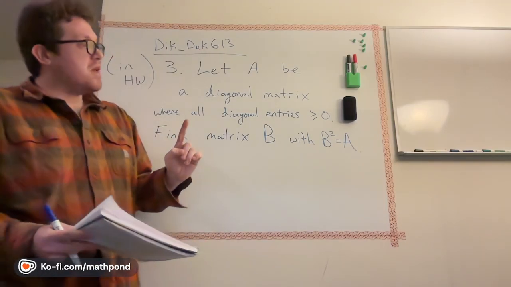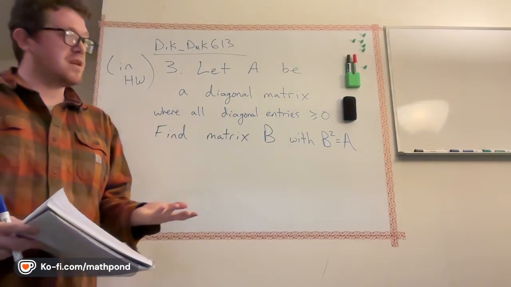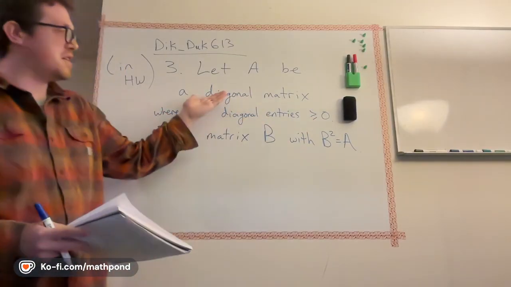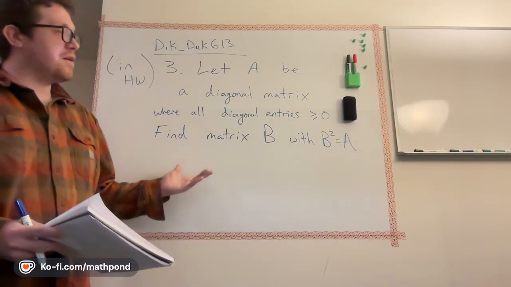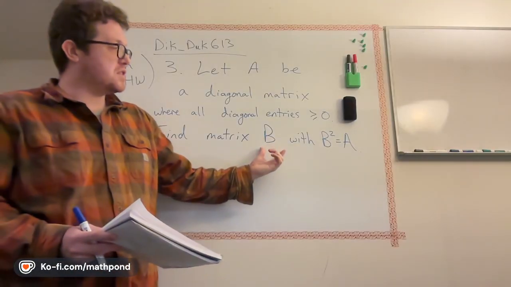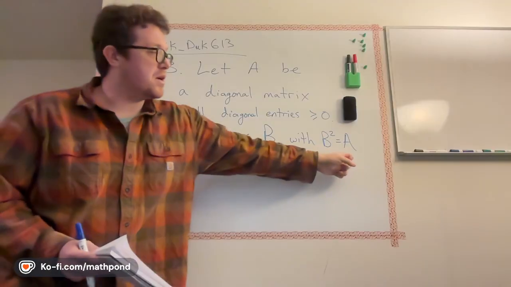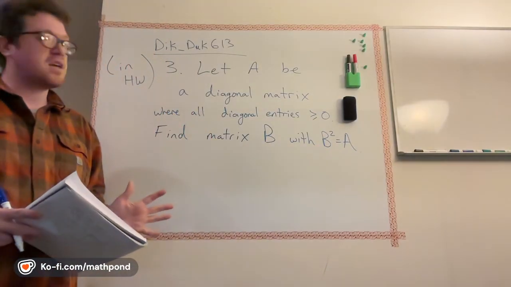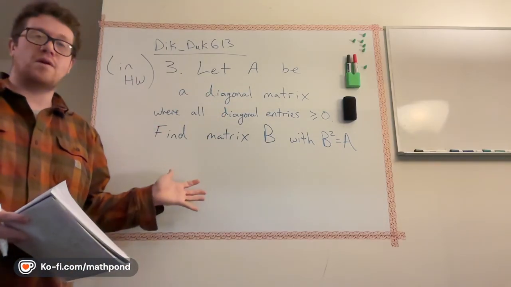But if the matrix is representing a positive operator, which we're not really going to define here, but you could imagine it has something to do with the entries being positive here and it's diagonalizable. In that special case, then there is a unique positive square root, and here, since this is the case, they want us to find that unique positive square root matrix B such that B squared is A. But I just wanted to point out that there's no reason that it has to be unique except for in this special case, and there's no reason that the square root even has to exist, I believe.